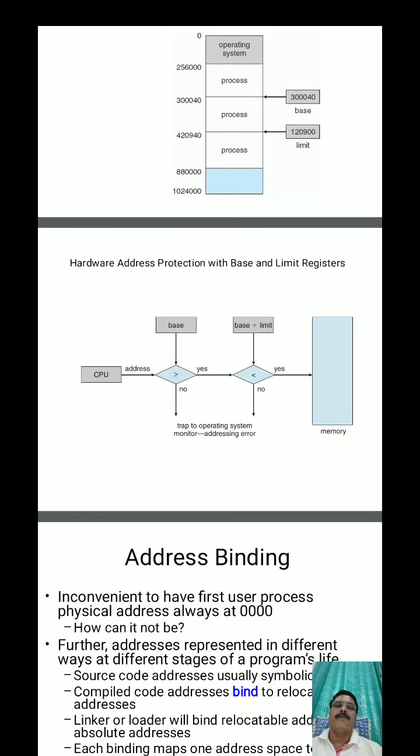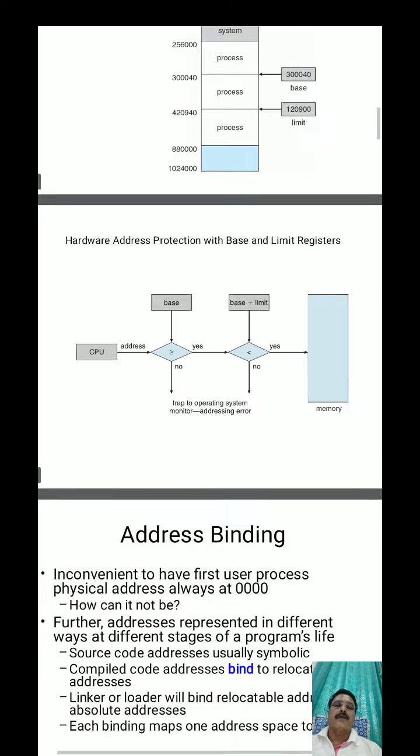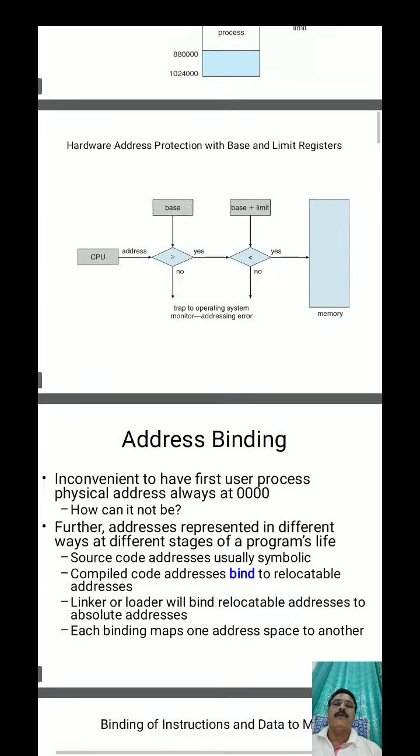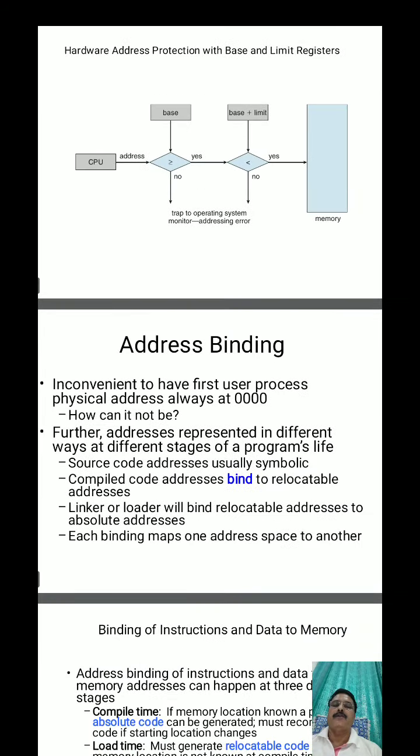If so, then it will be used for accessing memory, or what we call the physical memory location. Else, the system will trap to the monitor of the operating system, indicating an error.